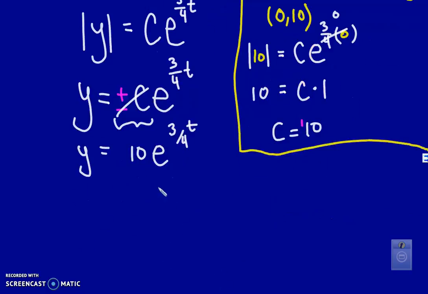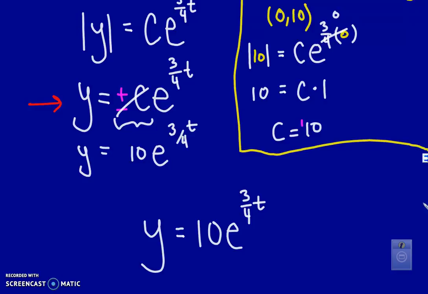And that's your answer. So y is equal to 10 e to the 3 over 4t. If we weren't given the initial condition of 0, 10, our answer would have been y is equal to plus or minus c e to the 3 over 4t.